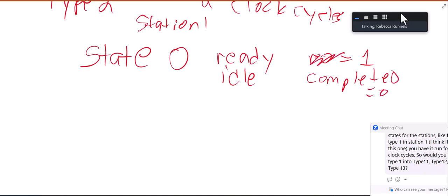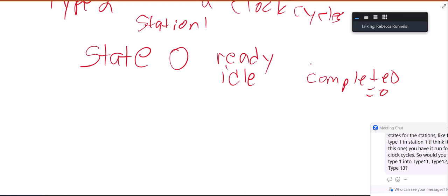I'm not actually going to say whether it's ready as a Moore output, because when the clock advances, I want it to tell the allocator whether it's ready on the next clock cycle. And whether it's ready on the next clock cycle is going to depend on where it goes from here.